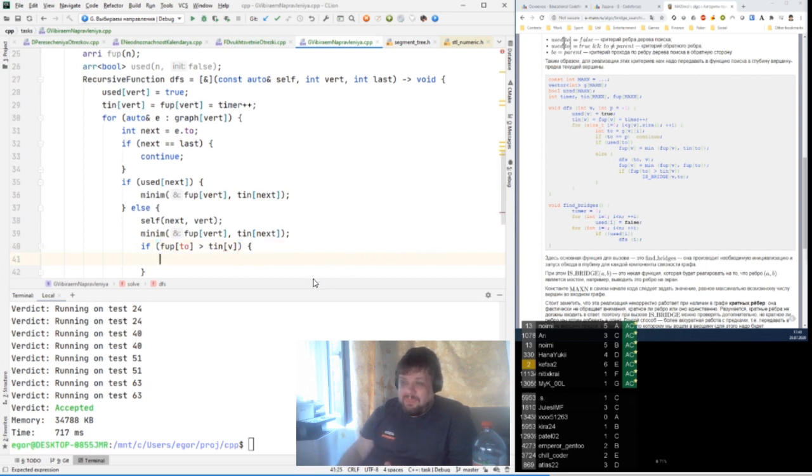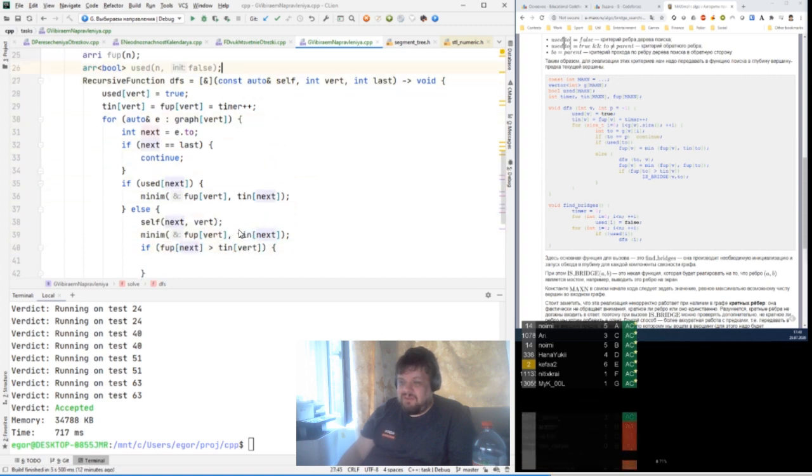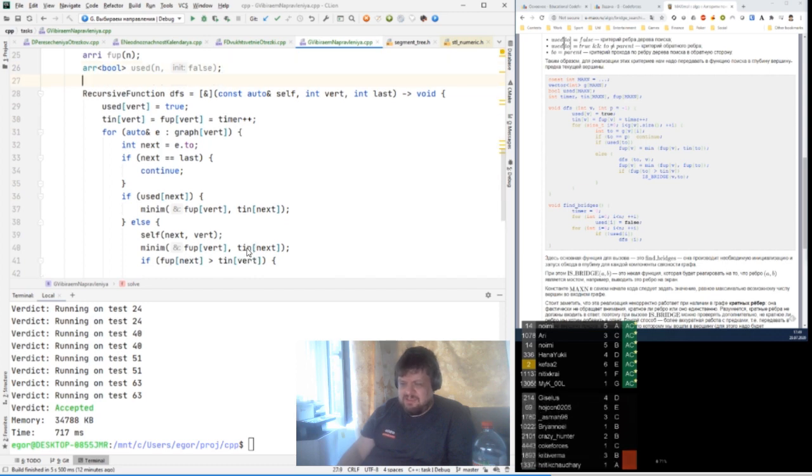Yes. So that's a special case. One more thing we have to see here, there is a mistake. In the second clause, this should not be t in next, it should be f up next. And that took me some time to realize.